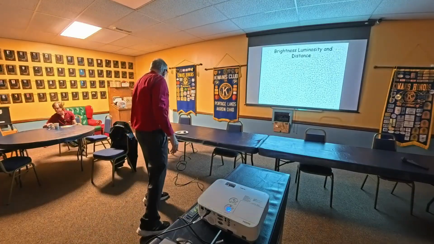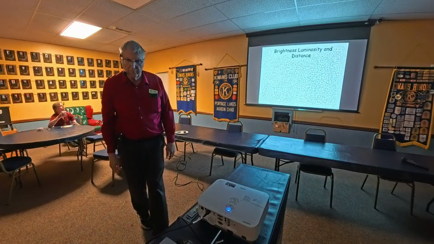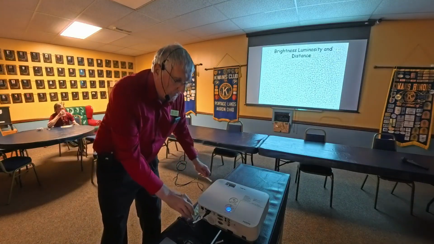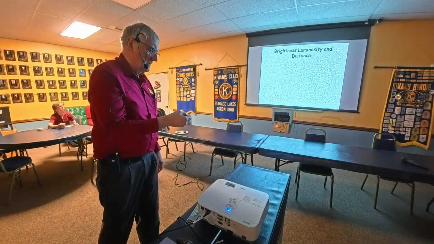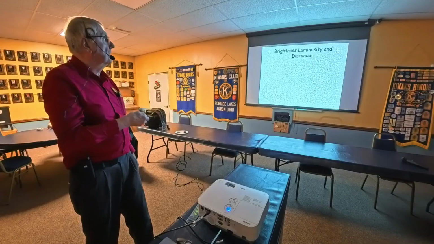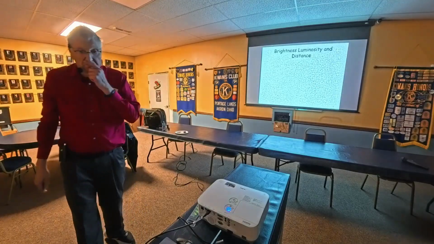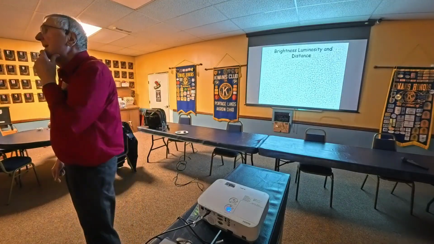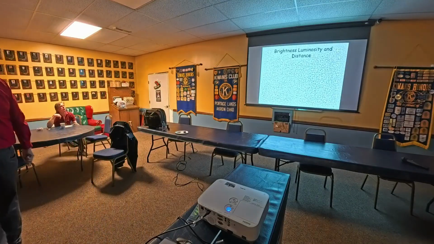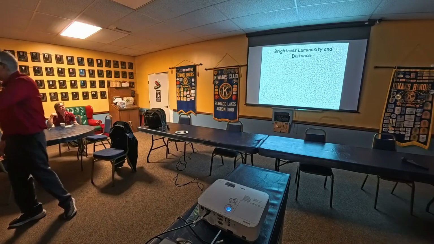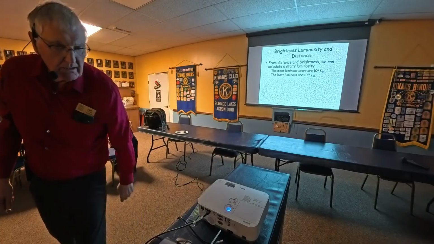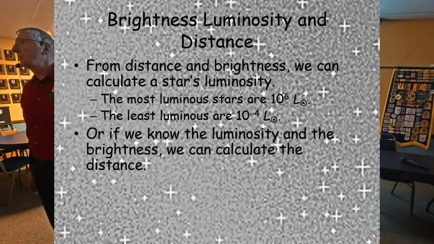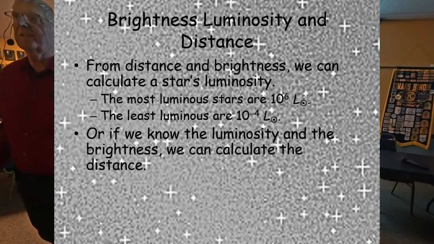With brightness and luminosity, where's my pointer here? I guess this will work. From brightness and luminosity, you can figure out a distance. Those are the three variables, and from the distance and the brightness, you can figure out the luminosity.